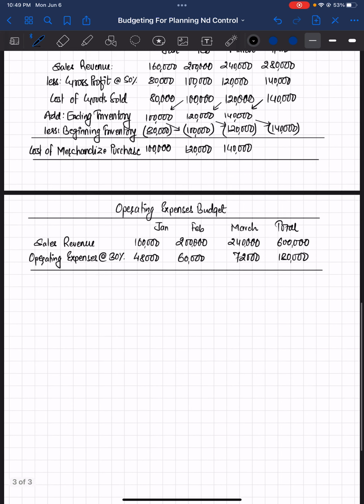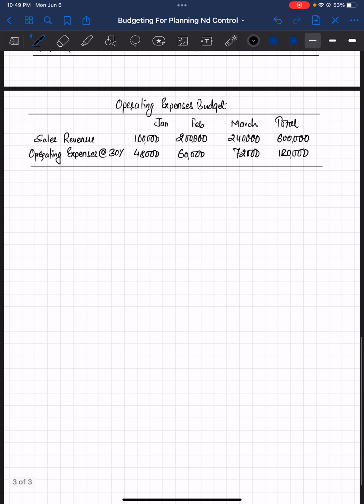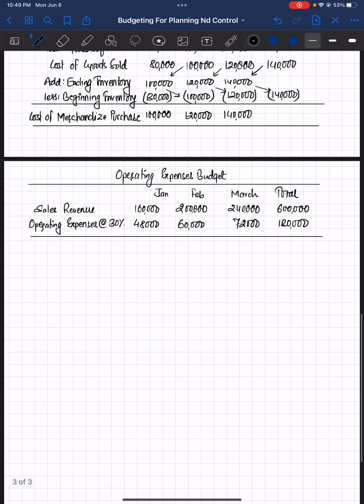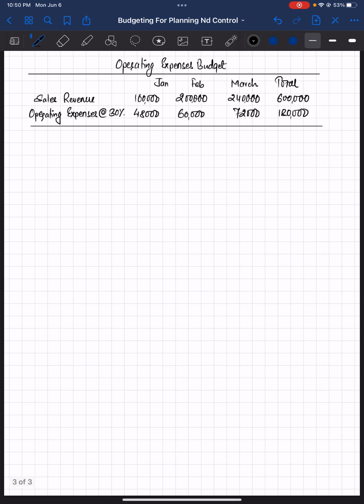So it's fairly simple. We'll continue with the budgeted cash receipts and disbursements budget. Often students find it difficult to make this budget, but it's relatively simple and easy to make.